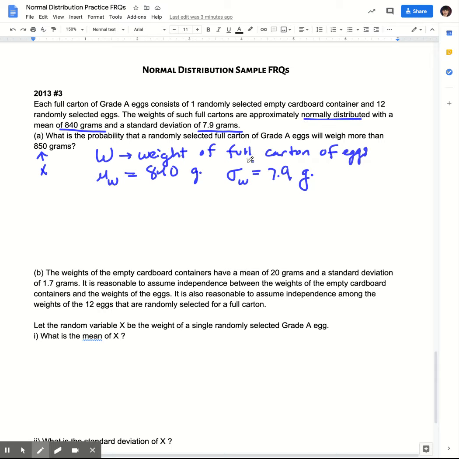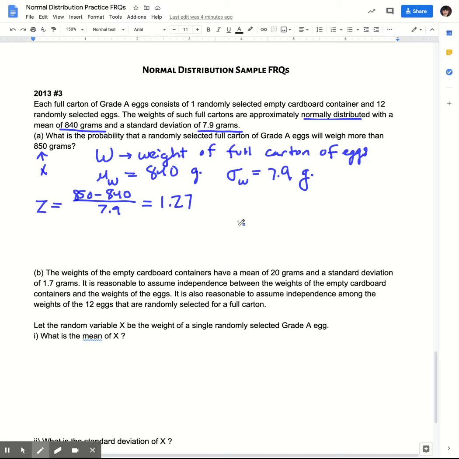If I'm trying to find a probability from a normal distribution, I need to calculate a z-score. So my z-score for the weight of 850 grams is 850 minus 840 divided by 7.9, and that value is approximately 1.27. I rounded a little bit.